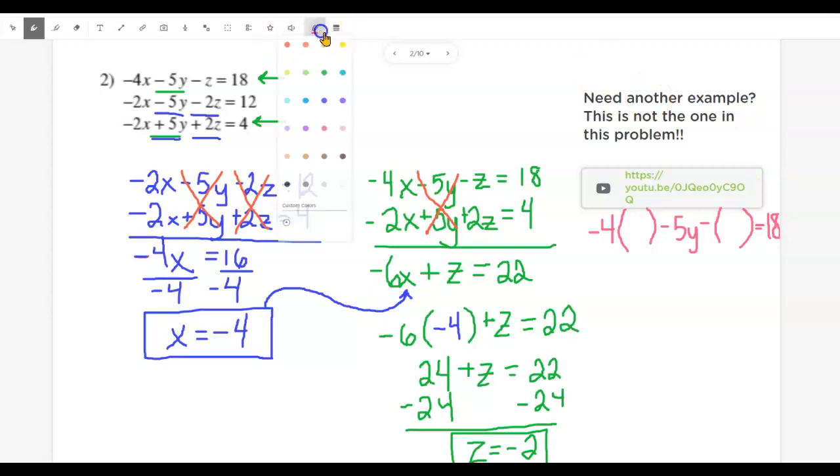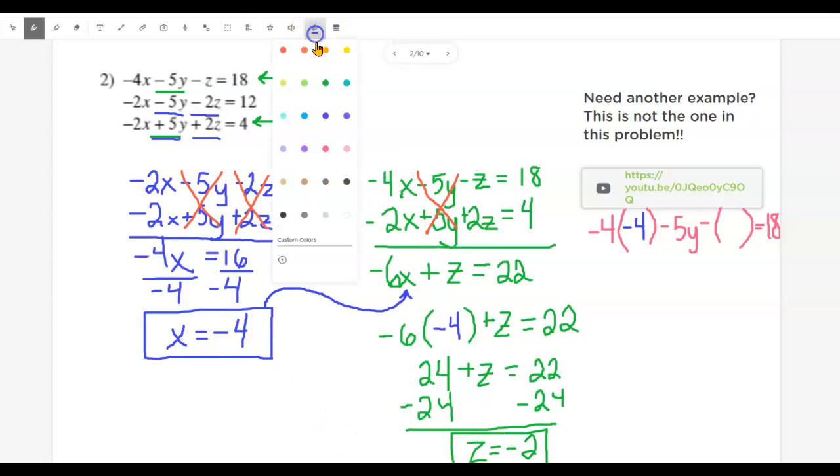Now I'm going to plug in those numbers. Negative 4 for x, and negative 2 for z. Then I'm going to go through and simplify. So negative 4 times negative 4 is positive 16, minus 5y.